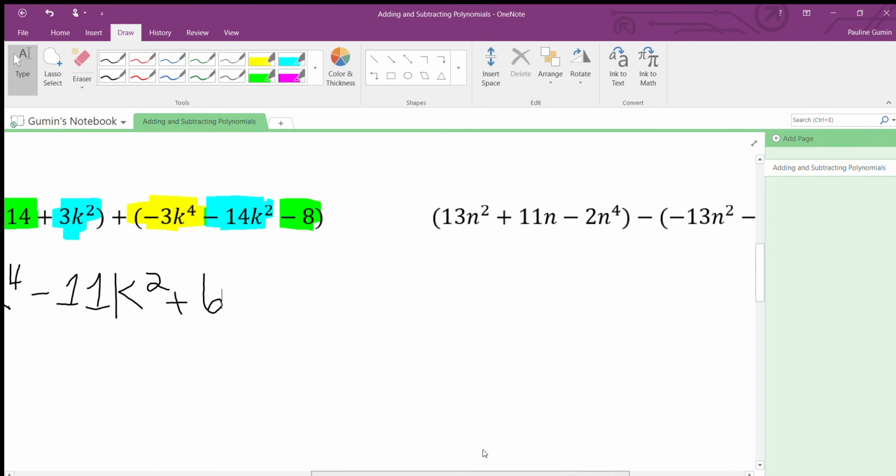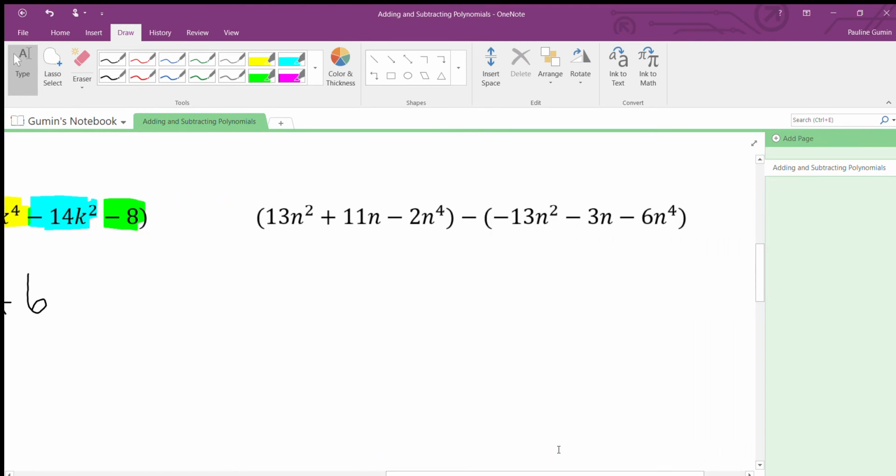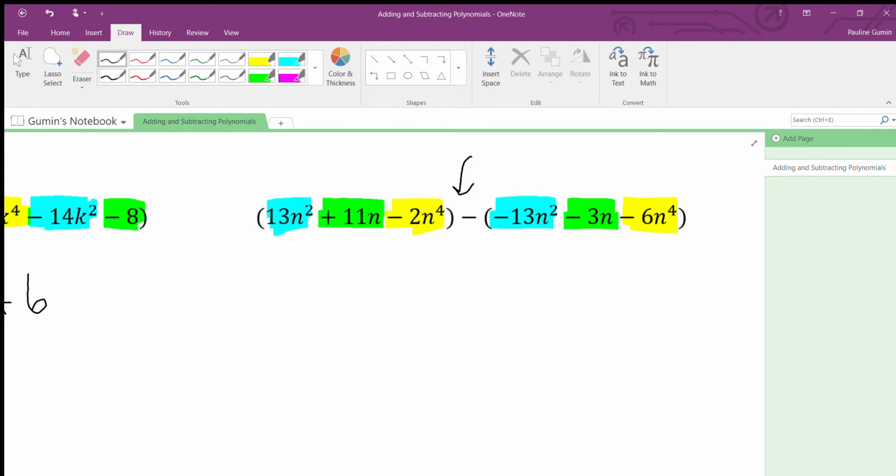Oh, it looks like this one has a lot of terms too. So, the largest power I see here is again to the fourth. Beautiful. Then I have n squared. And let's finish off with just a regular n. Let's begin subtracting. All right, subtracting. Let's be careful.